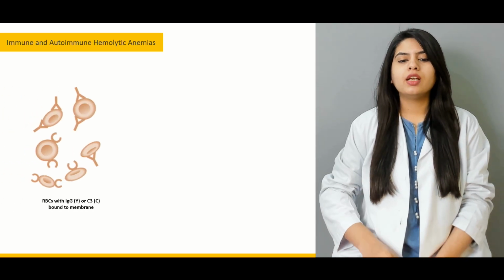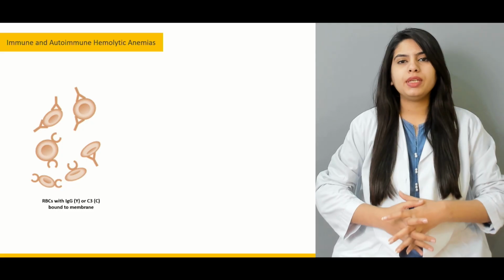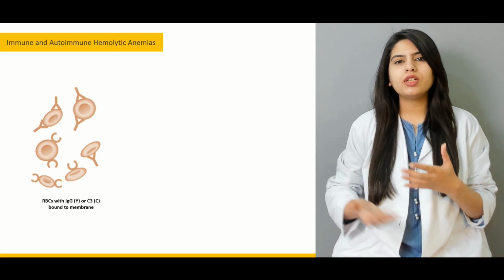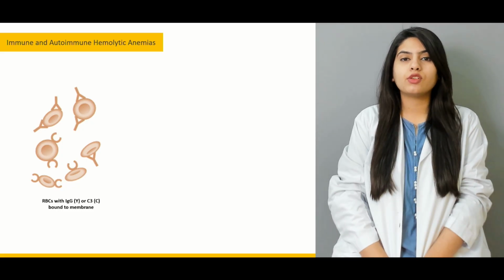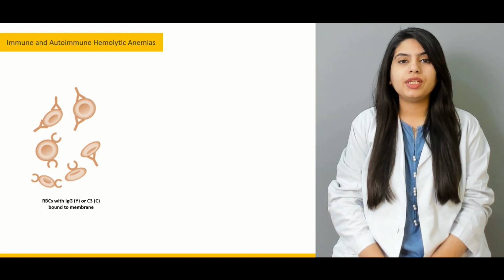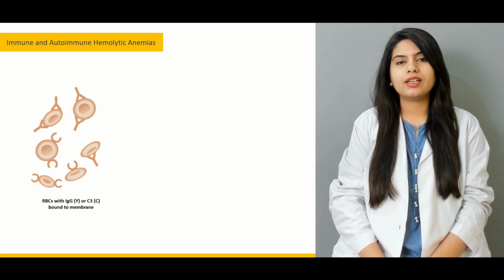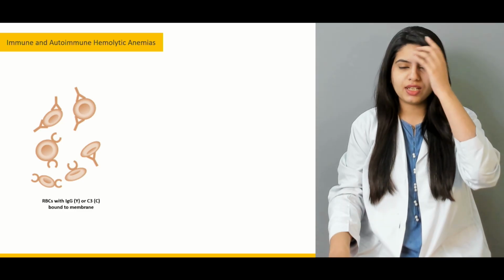Basically, as the name indicates, either there will be an immune disorder or there will be autoimmunity involved in the production of antibodies against the erythrocytes that will obviously cause the hemolysis and ultimately lead to hemolytic anemia. The hemolytic anemia caused by this kind of defect can be severe in nature, and can be very, very severe as well.